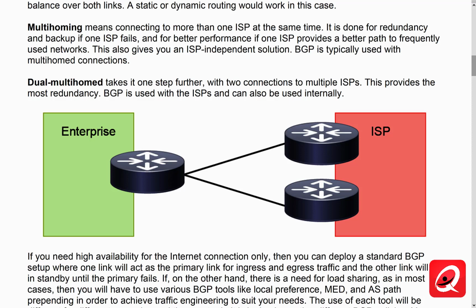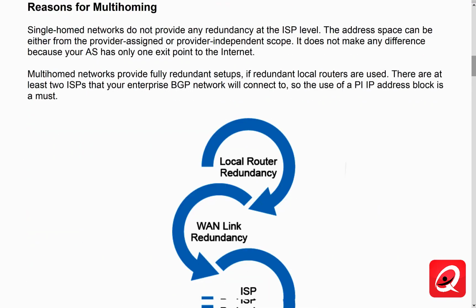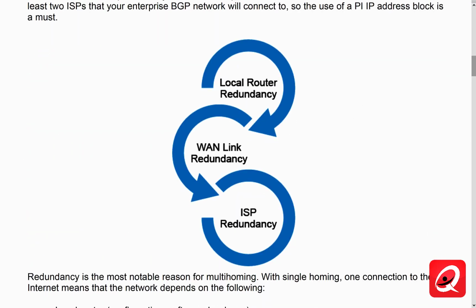All right. We understand why we would want to have these multi-homed or dual-homed redundant connections, obviously for redundancy. If one of our routers fails in a dual multi-homed environment, we still have the other router to rely on to communicate to the service provider. If one of the service providers fails, or even some path within the service provider fails, making that overall service provider less efficient, I can choose to route to the other service provider.